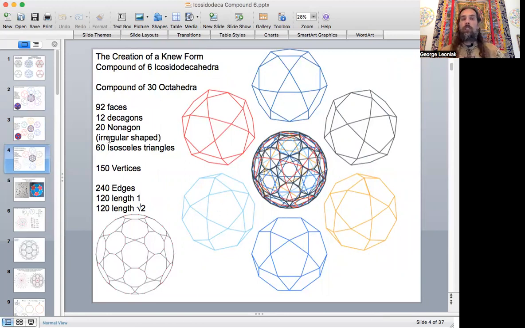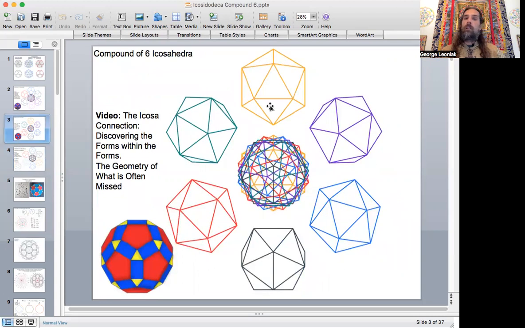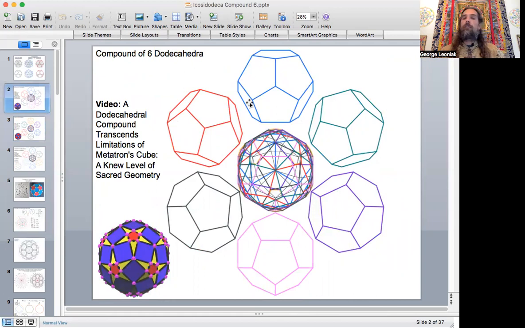Now, there are 6 in each of these. Typically this would be considered a compound of 5, but I noticed there was an invisible icosahedron, an invisible dodecahedron, that's actually created by the vertices of the 5. So when you do the 5 compound, you automatically get a 6th, and that was always the center of the drawing.